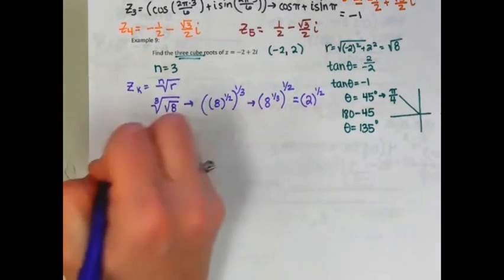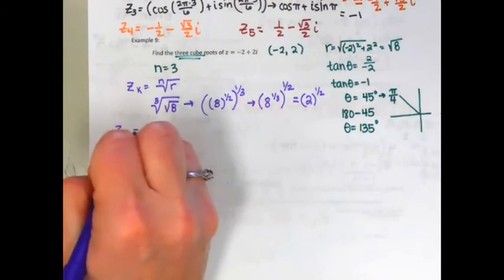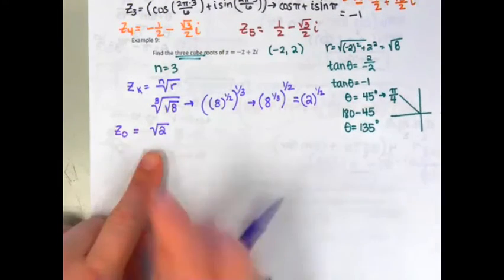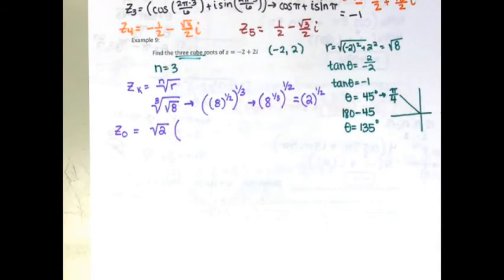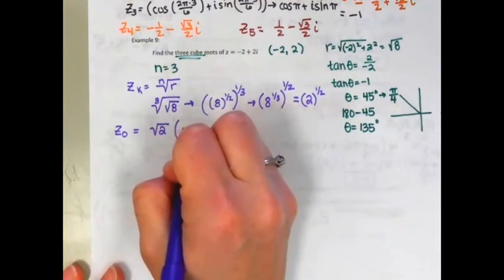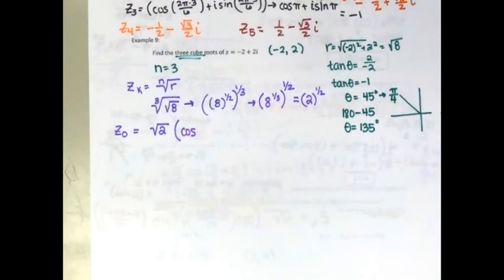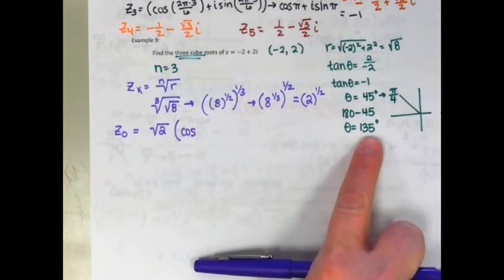Okay. And I'm going to do z to the 0. Let's go ahead and just keep starting from that. So this would be n to the r, which is the square root of 2, times the cosine of theta. What is my starting angle here? 135 degrees, right?